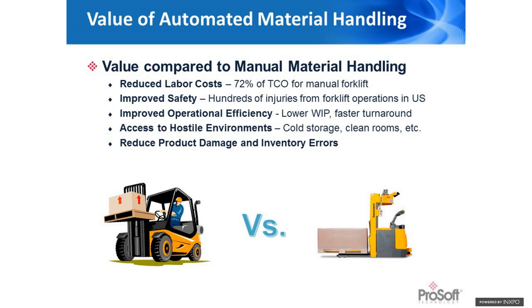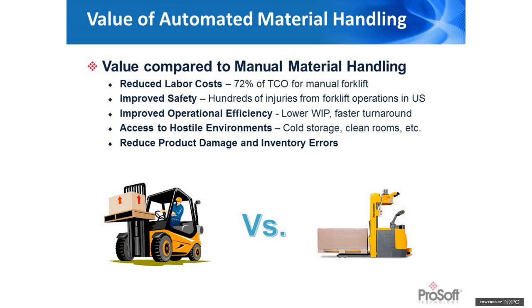Operational efficiency can be improved with an automated system. That's lower work in process, faster turnaround of parts. When parts are delivered automatically to an assembly line, and the assembly line never has to stop because the station doesn't have the parts it needs, that improves the overall efficiency.